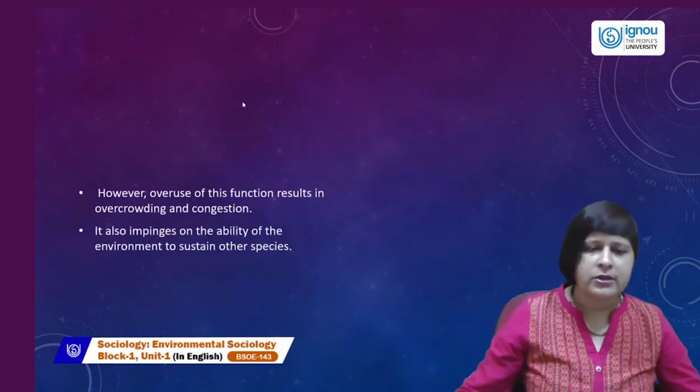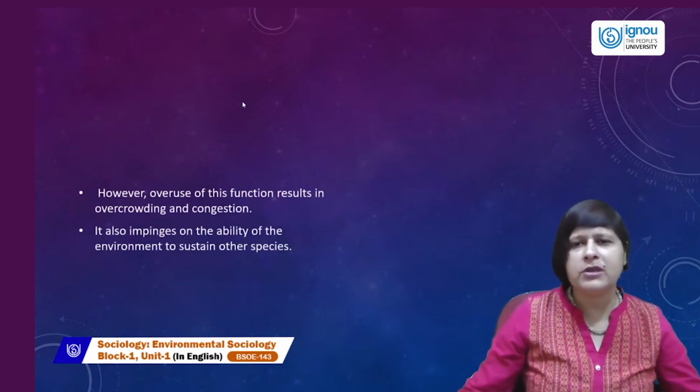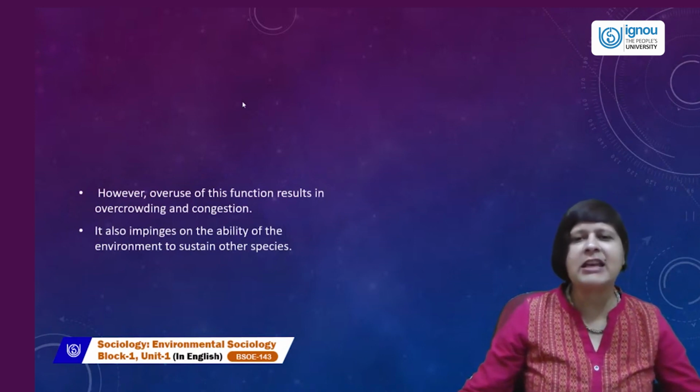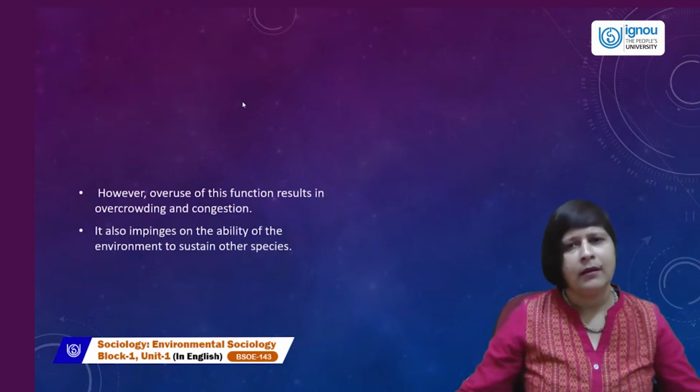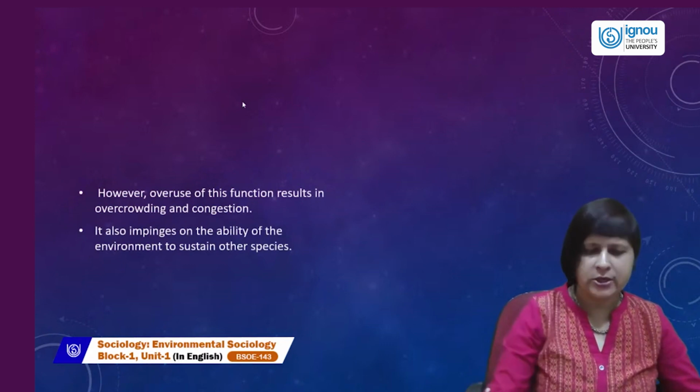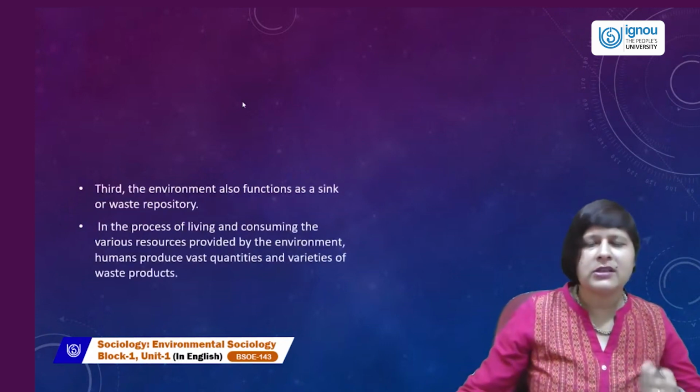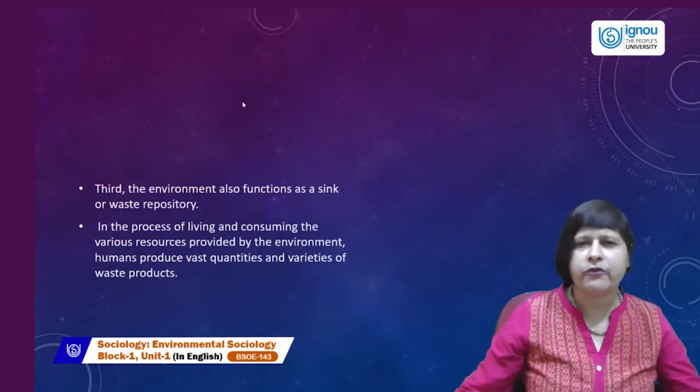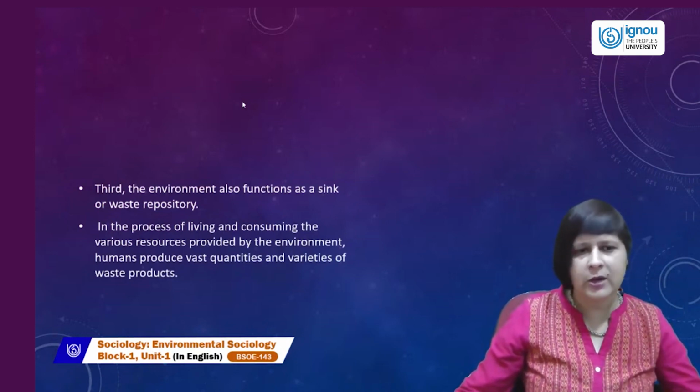Then we start cutting the forest and using the forest lands for the dwelling of human beings, and this creates an imbalance in the natural environment, right? And so this creates a problem for the sustenance of other species in the environment.